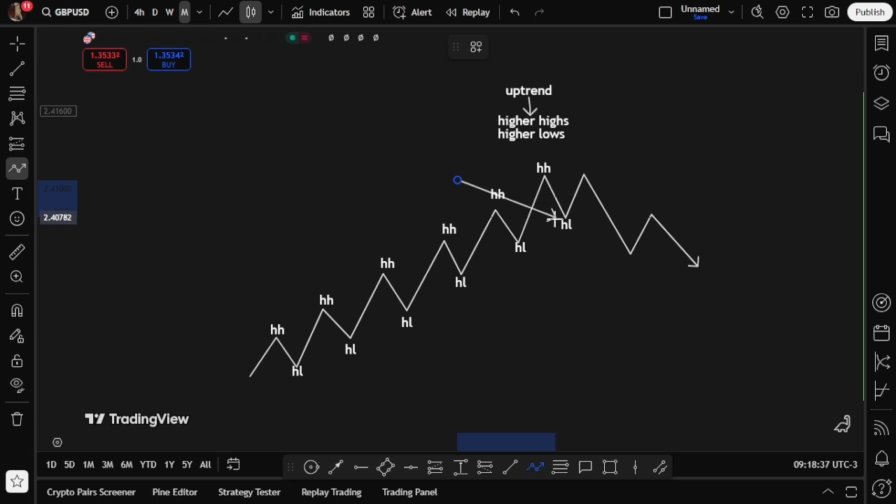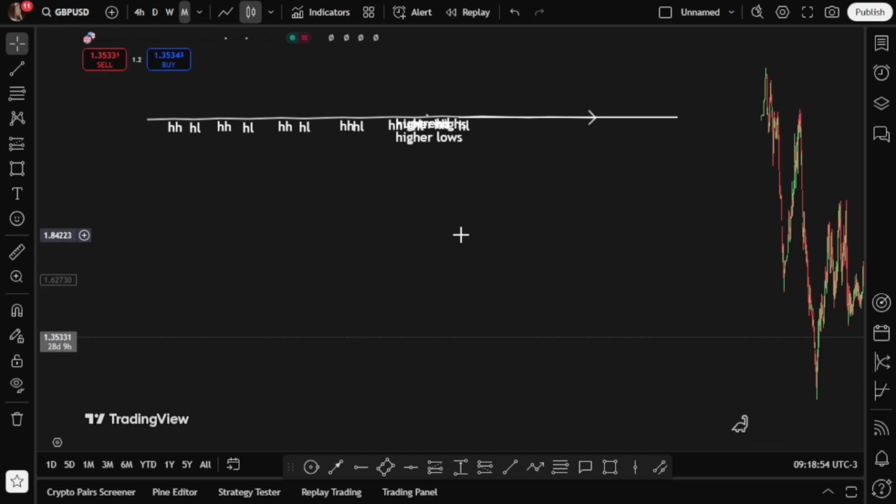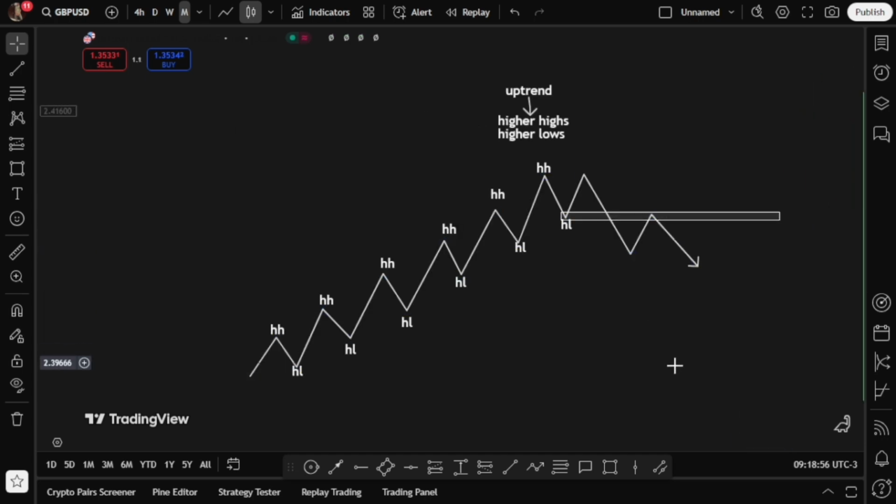Once price comes back and breaks below the higher low, it is called a break of structure, meaning that price has changed the overall trend, from an uptrend to a downtrend.